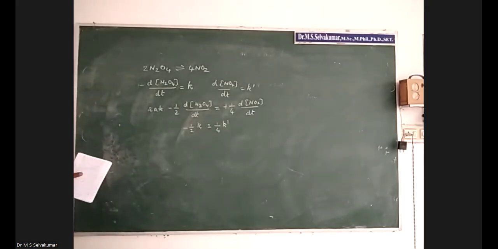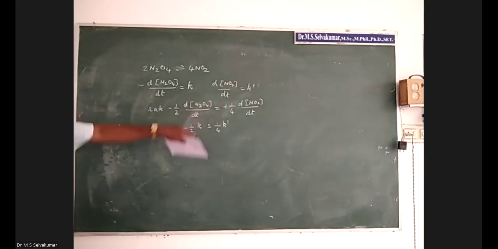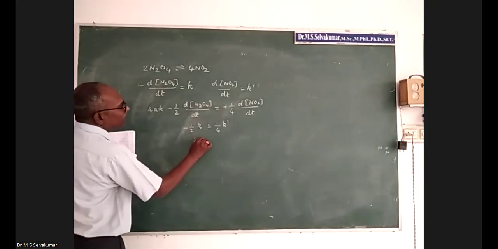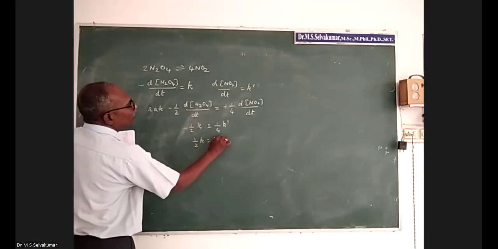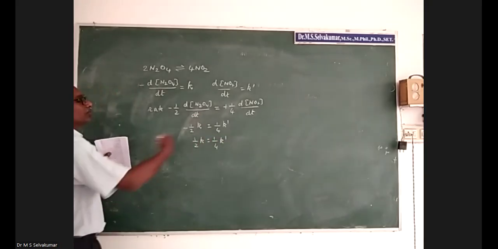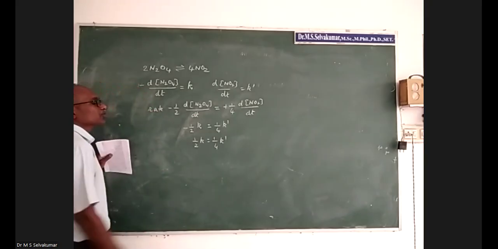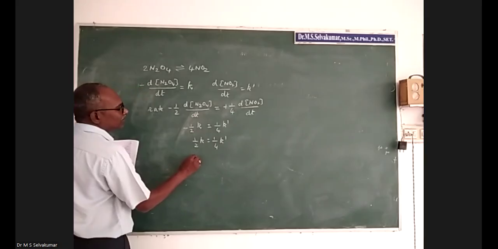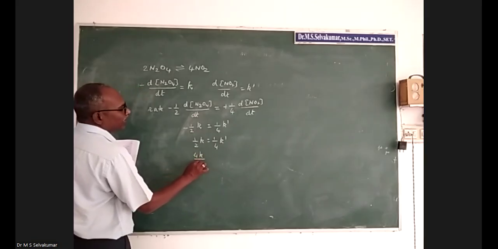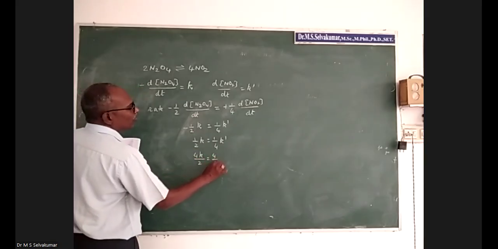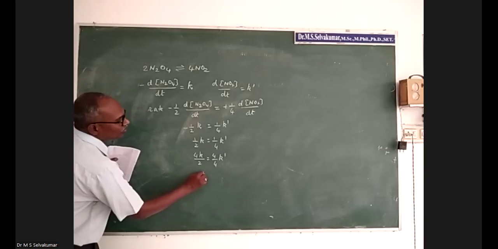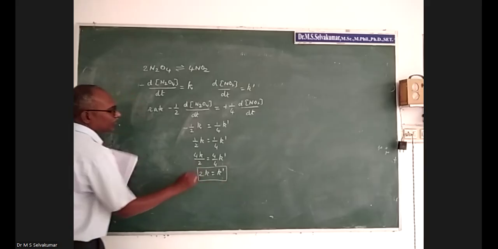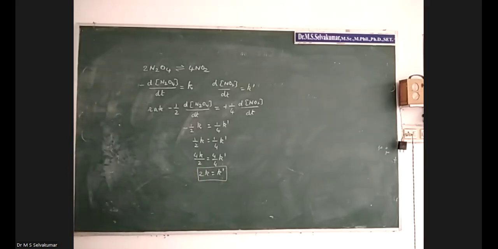For the matter of decreasing and increasing, you can neglect the sign. So it is half K is equal to 1 by 4 K dash. You multiply everything by 4 so that you can make this a whole number. So this will become 4K by 2 is equal to 4 by 4 K dash. So 2K is equal to K dash. So this is the relation between K and K dash.